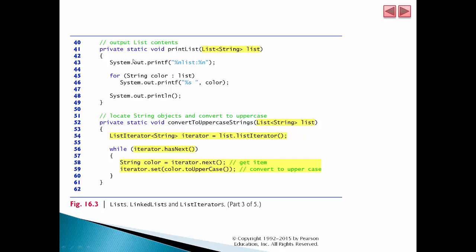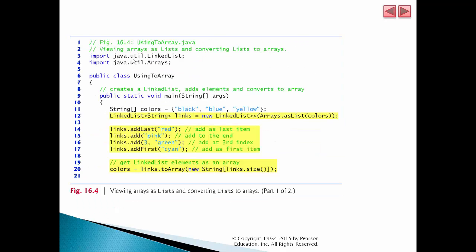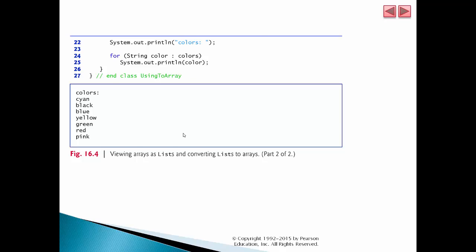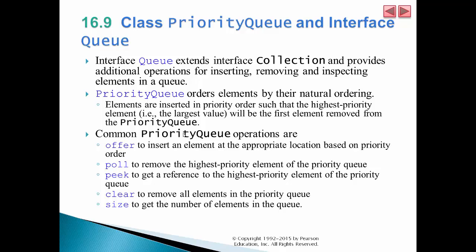You can also get their iterators. You can add to a particular location, add last, add first, or to a position. Let's say you would like to add this particular value at the third index. All these methods are quite self-explanatory. Please go through these examples yourself. I'm pretty sure you will figure out what they mean.